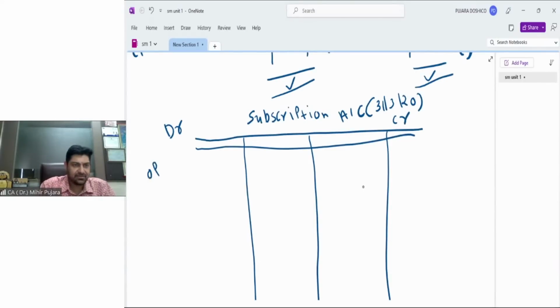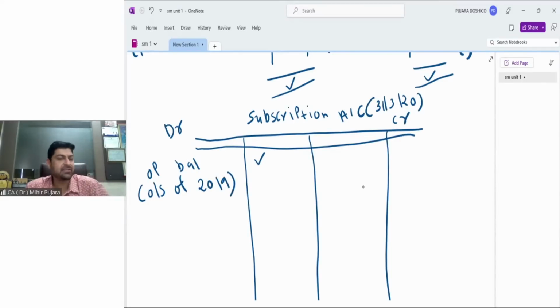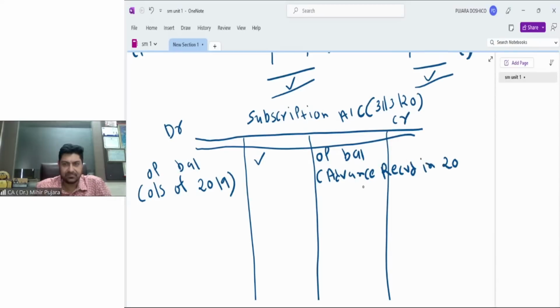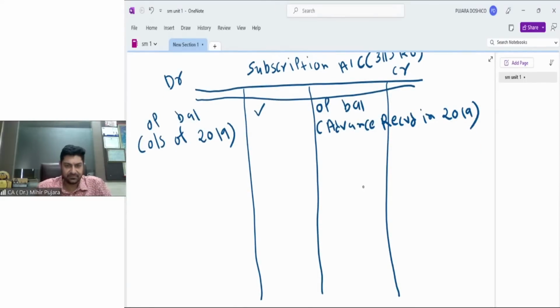So this is opening balance, opening balance of previous year, meaning outstanding of previous year, right? This is outstanding of current year.